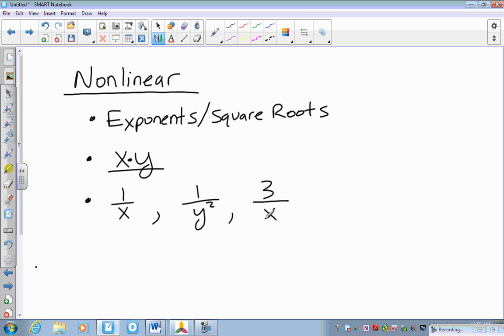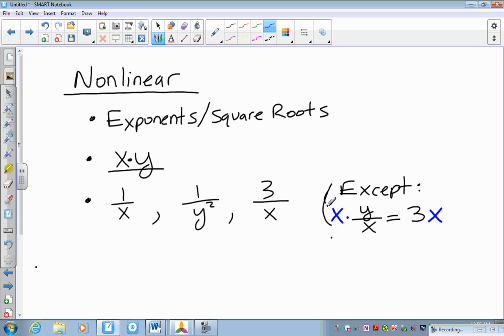The only exception to that case is if this is equal to a number. This is rare that you'll see this as far as when I would ask, but if you see something that looks like y over x equals a number, this actually is linear, because if I solve for y, and we learned how to solve for x or y, I'm going to have to multiply both sides by x.